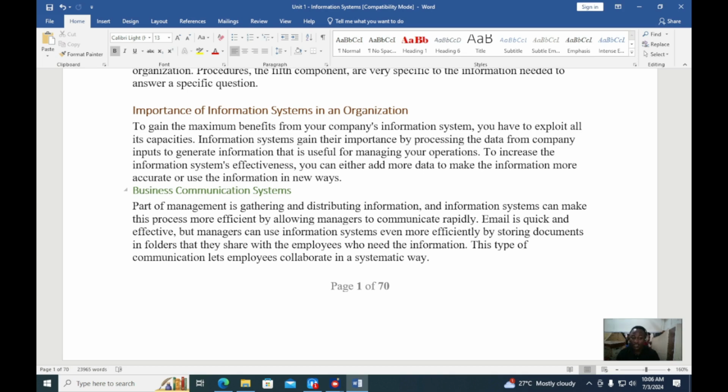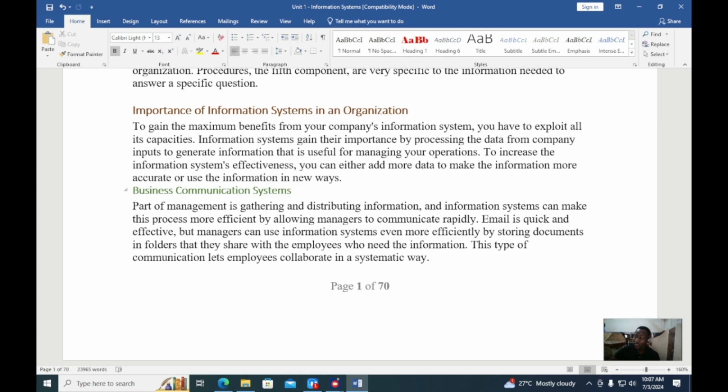An information system makes the process of gathering and distributing information efficient, by making sure that we have managers communicating to other people rapidly. Here we have emails, which are really quick and really effective. But instead of using emails, managers can also use information systems by storing documents in folders that they want to share with employees who need that particular information.